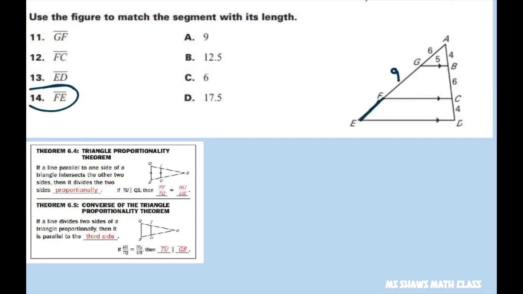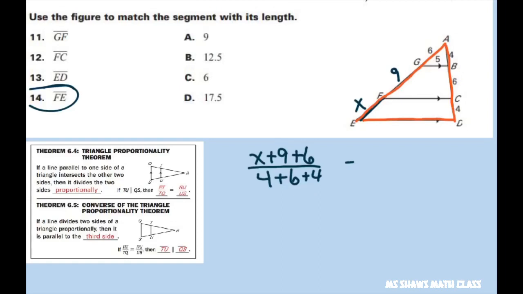So for this X, we're going to look at X plus 9 plus 6. And then let's look at this one, 4 plus 6 plus 4. So what I'm doing is I'm looking at the big triangle right there. So I'm adding all the numbers up.